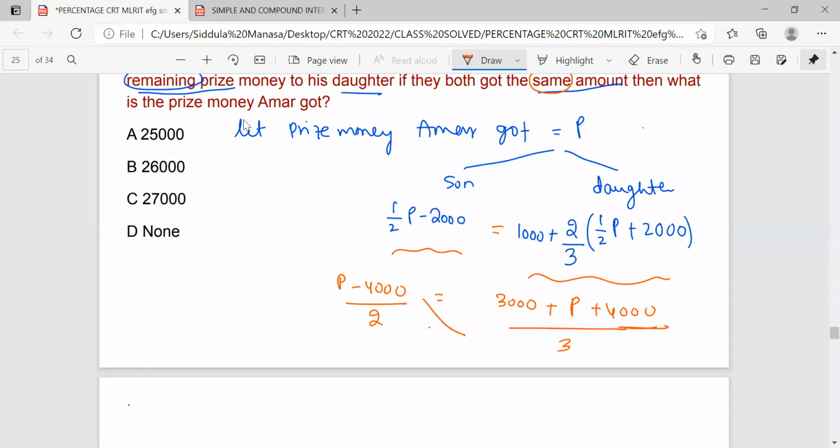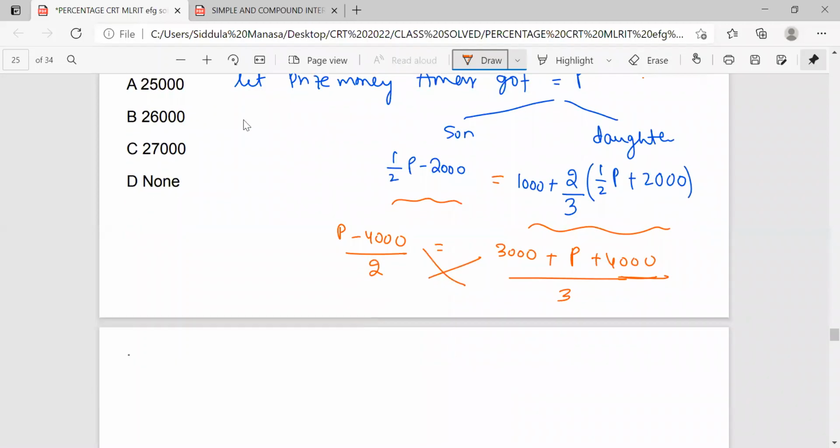Now we'll do the cross multiplication. So 3 into P will be 3P minus 12,000, and 2 into 3000 will be 6000, and 2P plus 8000. So this will be 14,000 plus 12,000, and this will be 3P minus 2P.